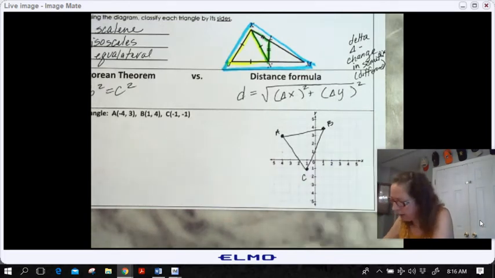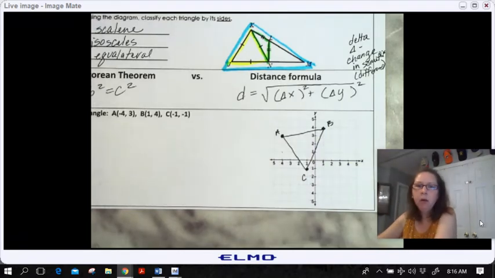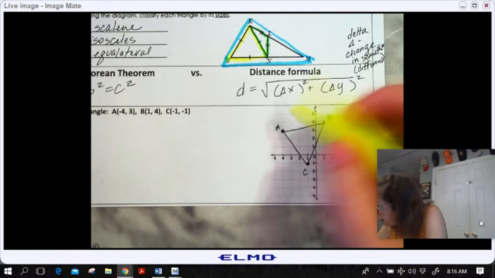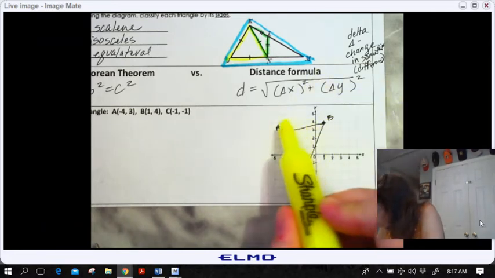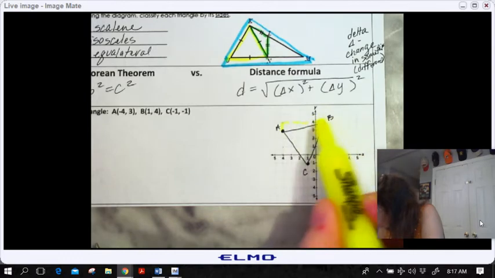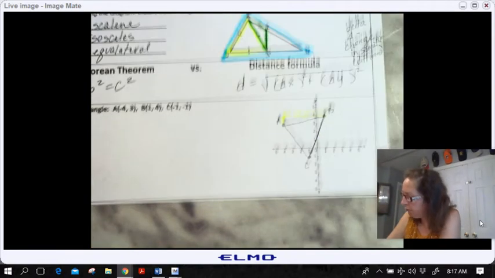So let's find the length of AB. So this would be 1, and this would be 1, 2, 3, 4, 5. So 1 and 5.